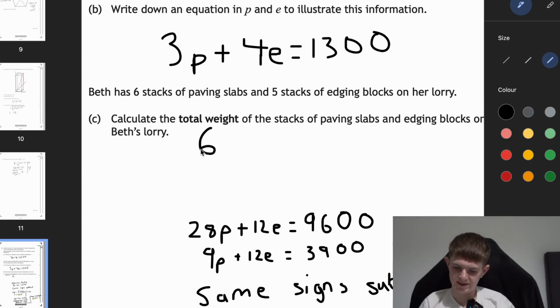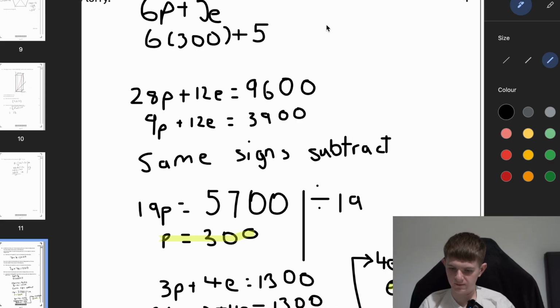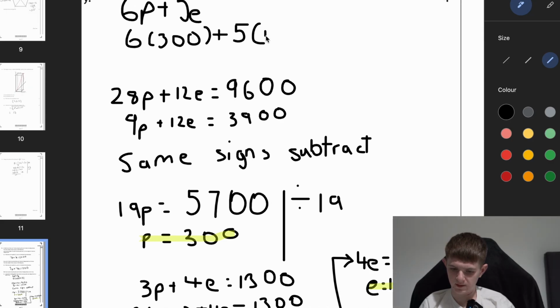So Beth has 6p, add 5e. We don't know what it equals yet, so we're going to figure it out. Sub in for p, 300. Add 5e, e is 100.